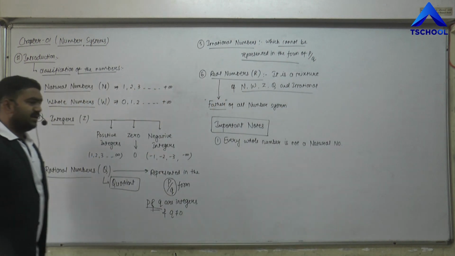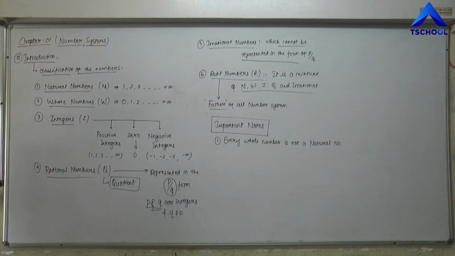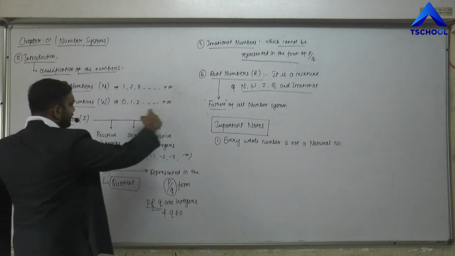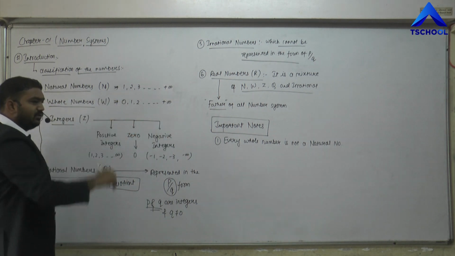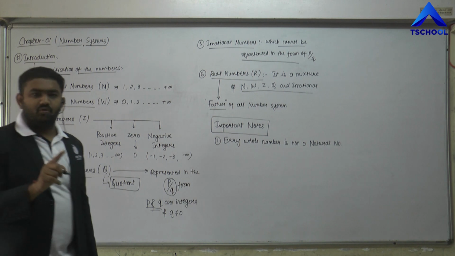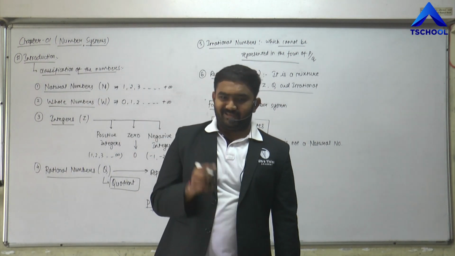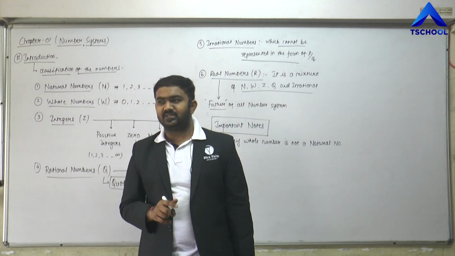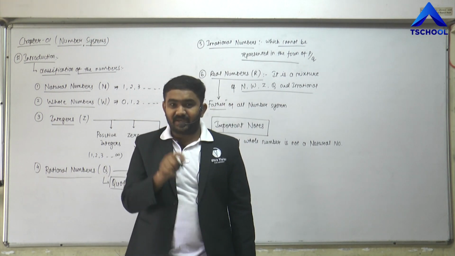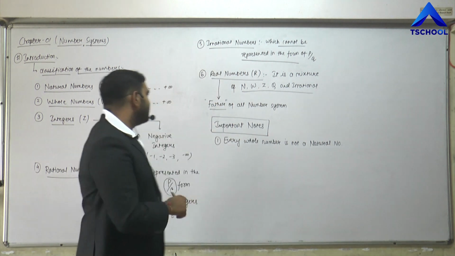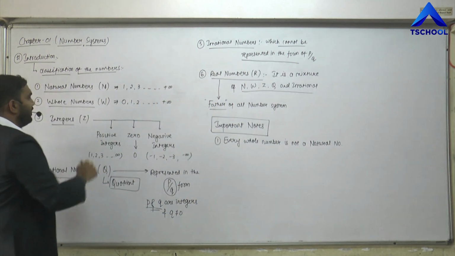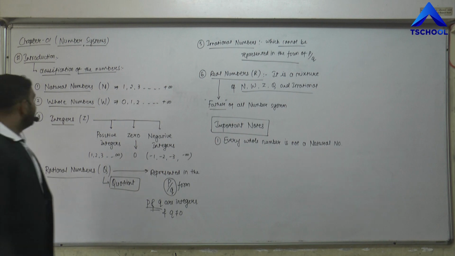See friends, is every whole number a natural number? No. All the numbers from 1 to infinity in the category of whole numbers are natural numbers, except the number 0, because 0 is not included in the category of natural numbers.